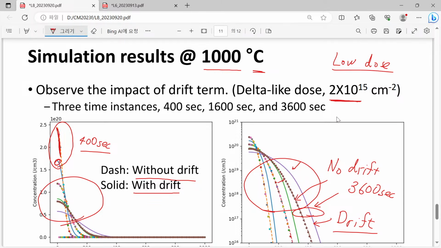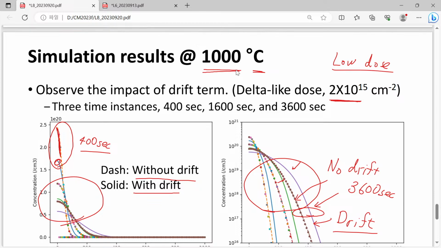Only when you have a high dose and relatively low temperature will you observe this kind of behavior. So please carefully check the conditions, dose and temperature. Okay, do you have any questions?